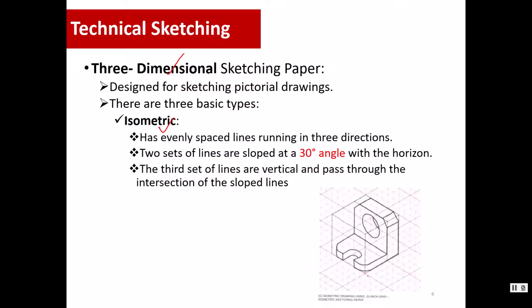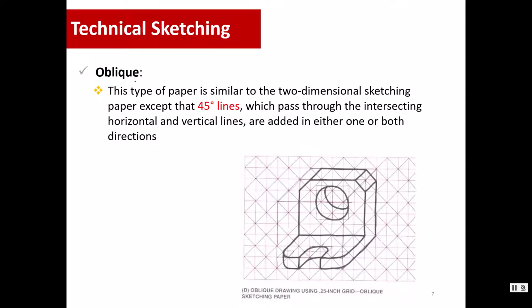Remember isometric, in the previous video, in the introduction, I already mentioned a few types of drawing. One of them is isometric. That means it has a 30-degree angle. This is also 30 degrees. Sketching can also be represented in oblique, which means this is 45 degrees, but this one is just facing front.